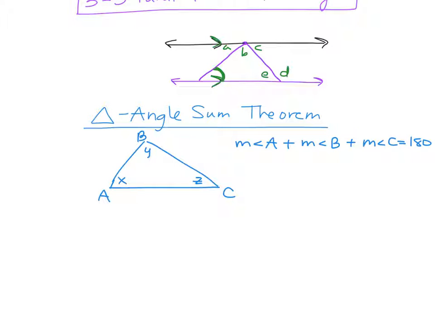Sorry, my parallel line is messy there. It'd be the same as A, right? Those would be alternate interiors, so we know those are the same. And then E would be the same as C. So A plus B plus C will always equal 180, which is the three angles of your figure. So triangles always add up to 180. Good with that?